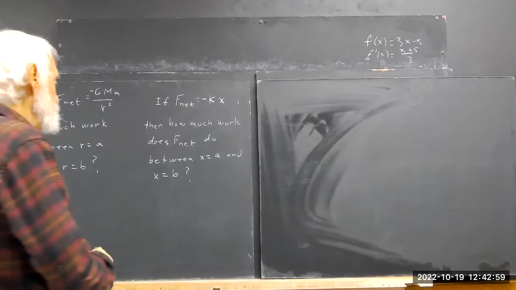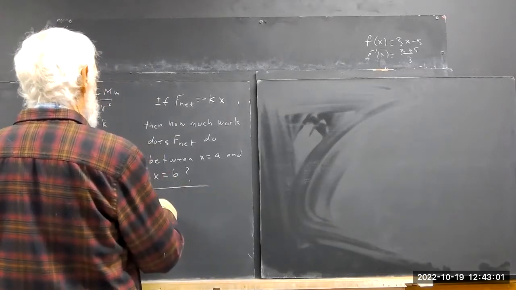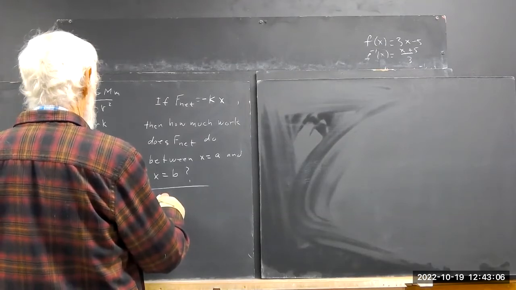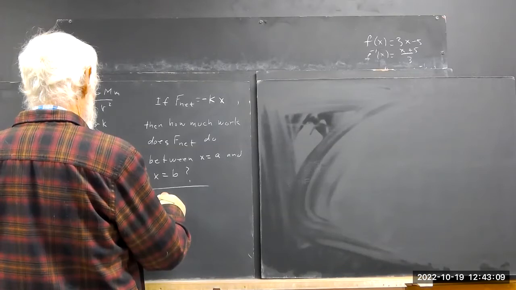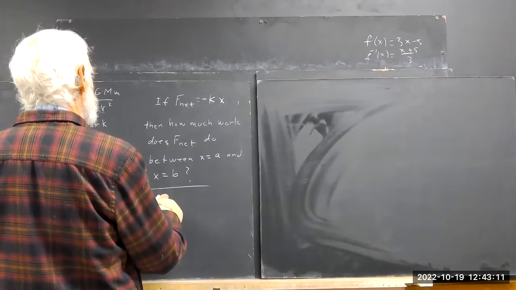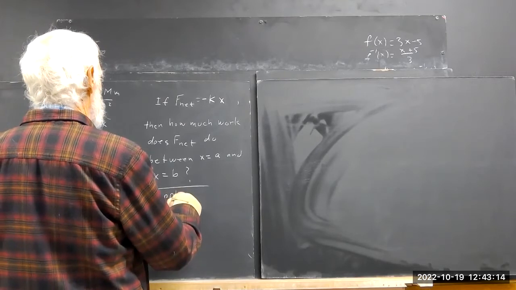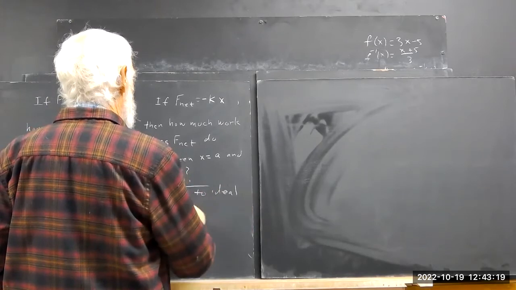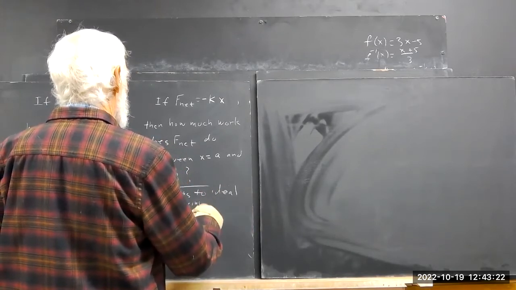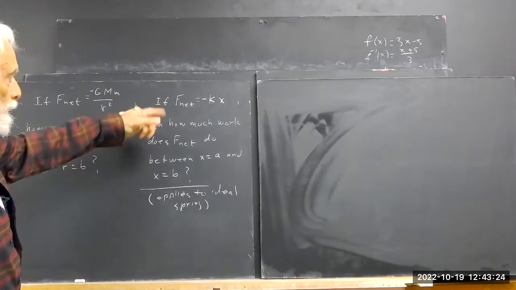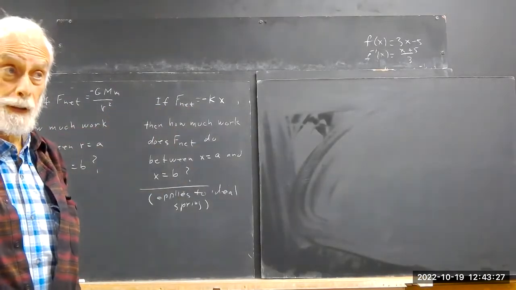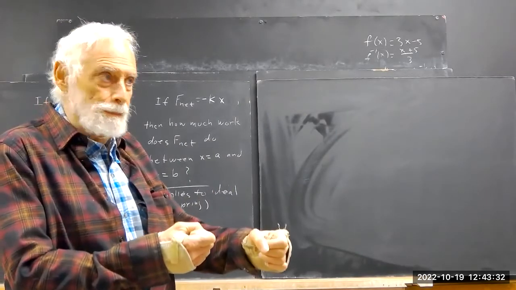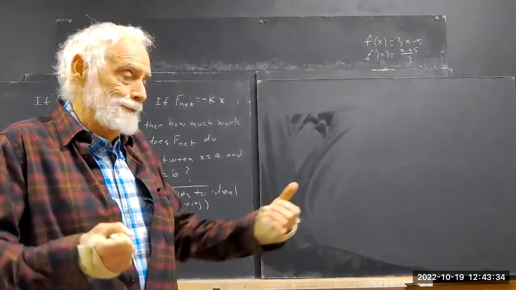First of all, this actually applies to an ideal spring. You have to recognize that. It's a premise. And that just means the further you pull the spring back, the harder it pulls back on you. It's a fairly familiar thing.